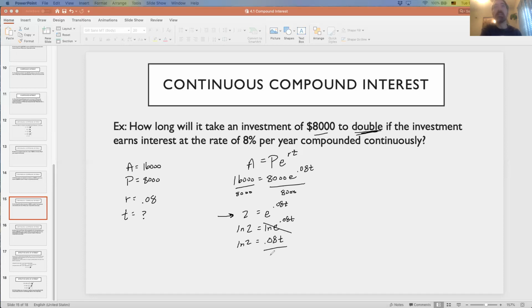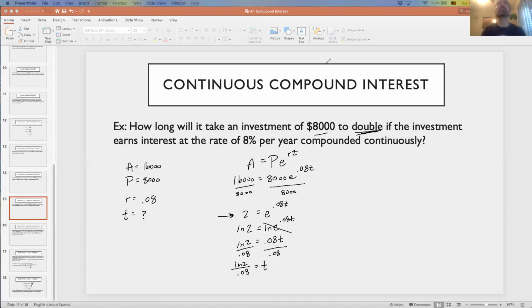And then divide both sides by 0.08. And it will always work out like this. If you want to determine how long it will take an investment to double, it's the natural log of 2 divided by the interest rate. If you wanted to know how long it took to triple, it'd be the natural log of 3 divided by the interest rate.